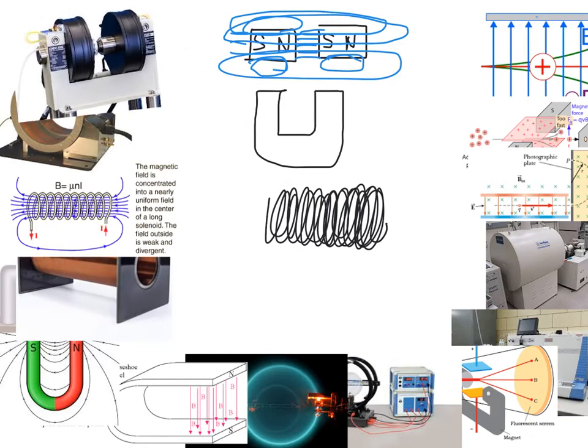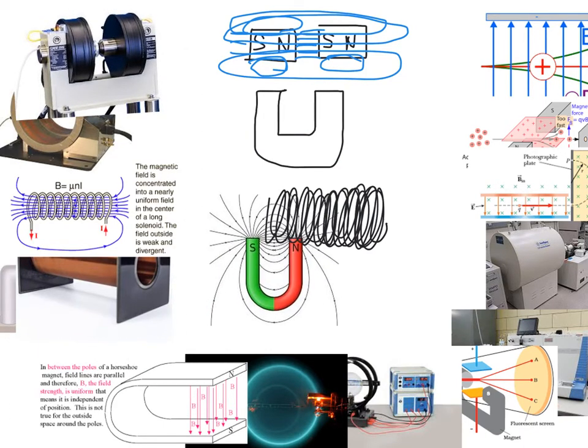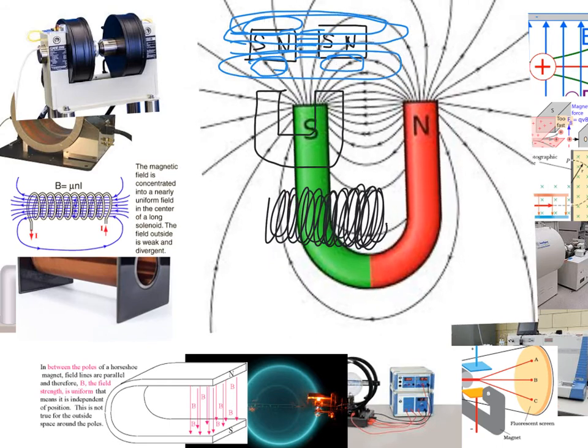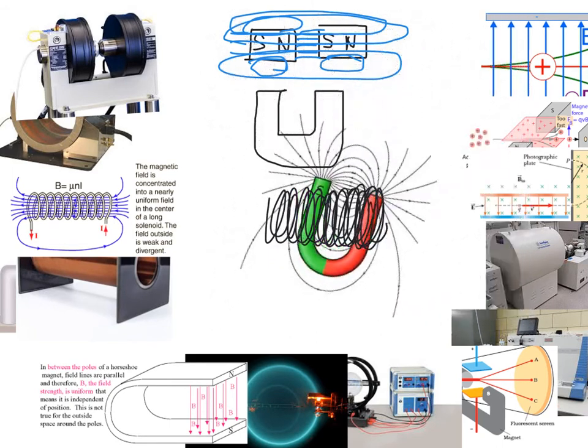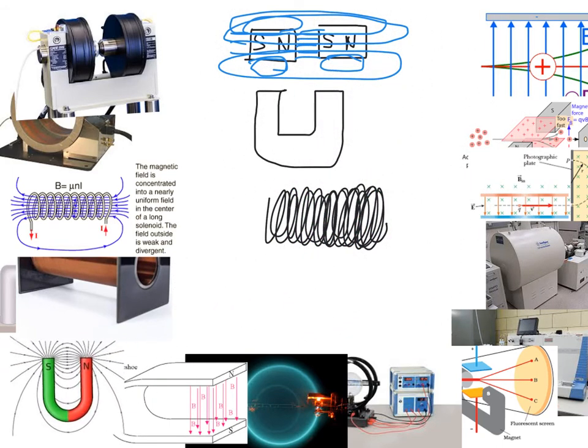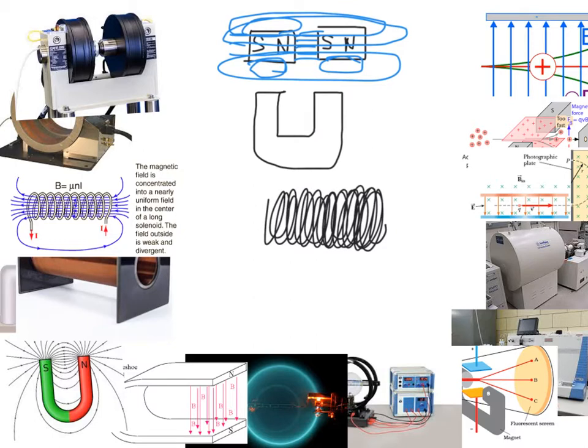The other way is a horseshoe magnet, right? So you see this kind of uniform field in the face of that horseshoe, in between that horseshoe magnet. So the field lines, if this is the North Pole and this is the South Pole, come out of the North Pole and go into the South Pole. And in this area between the magnet, the field can be fairly uniform.